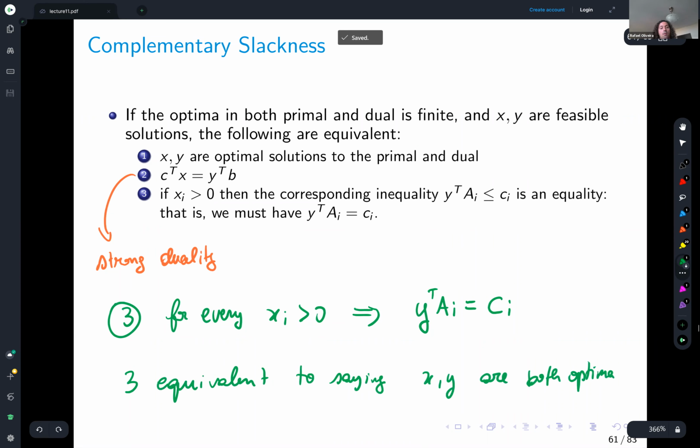And this equivalence is what is known as complementary slackness. So 2 is strong duality and 3 is complementary slackness.